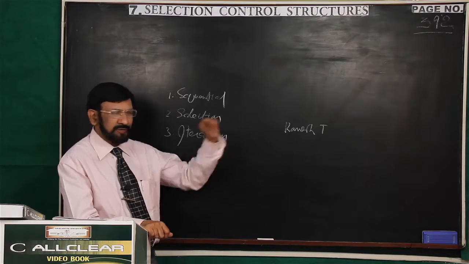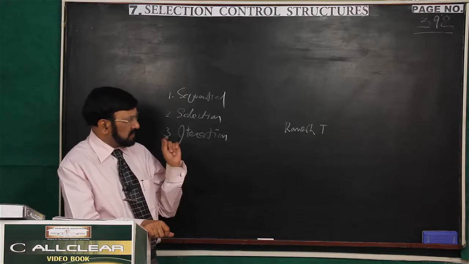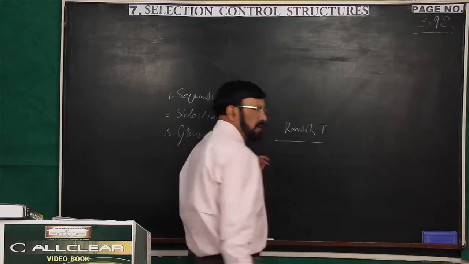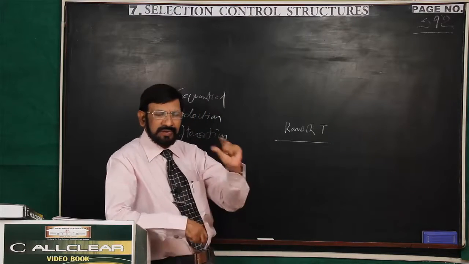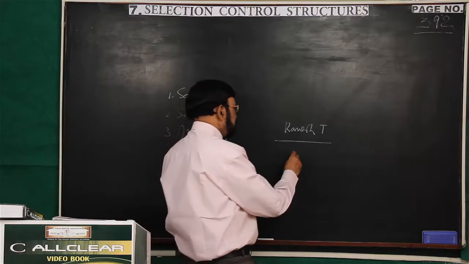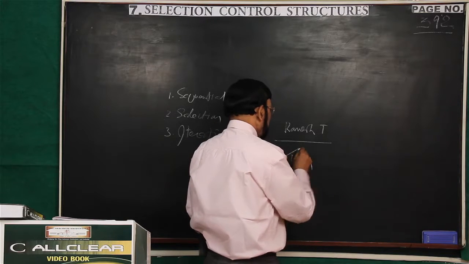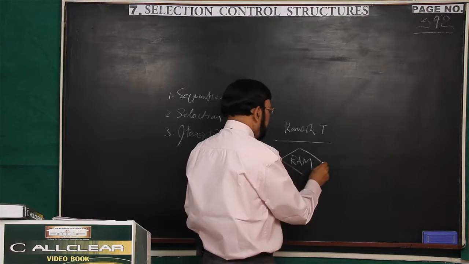For implementing this task, the sequential approach is not suitable. Which approach? Selection approach. What is the selection? Selection means there is a condition. What is the condition? The top index. On the top index, RAM is the condition.